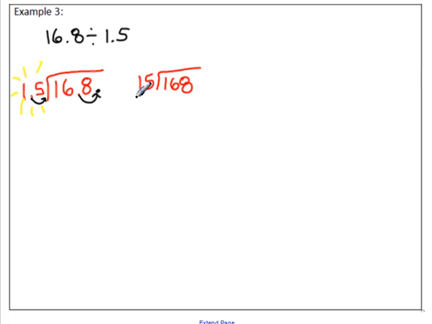So 15 goes into 16 once. I'm going to try to do this without my reference sheet. Remember, if you start without your reference sheet and you change your mind, you can always jump over here and do it. But let's see how it goes. 15 goes into 18 another once.